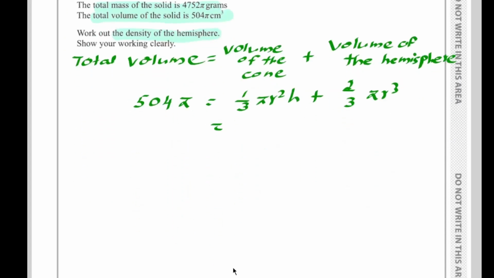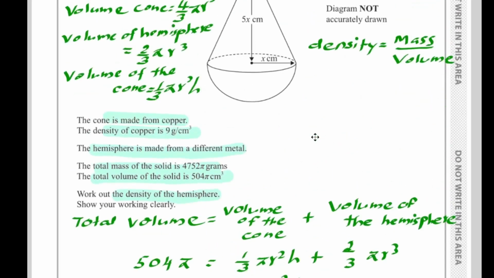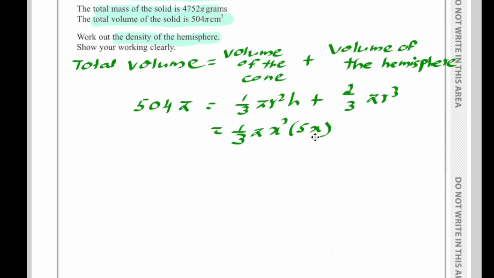We have 1/3 pi x squared, height is 5x, plus 2/3 pi x cubed, equals 504 pi.